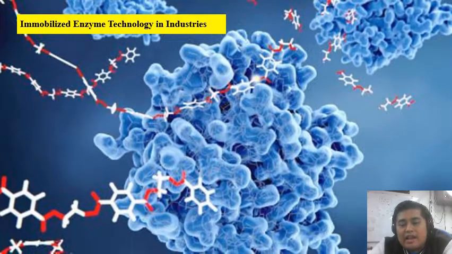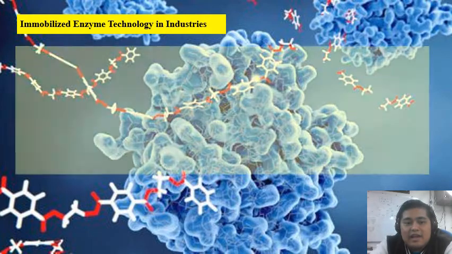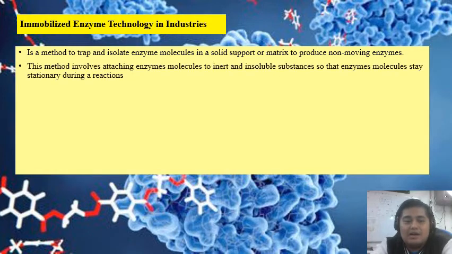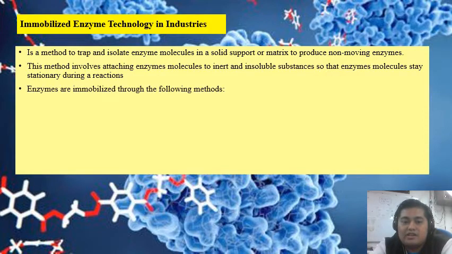Okay, next. Dalam ni kita ada satu bidang baru dalam industri, which is immobilized enzyme technology, di mana kita menghentikan pergerakan enzim tu. So it's a method to trap or isolate enzyme molecules in a solid support or matrix to produce non-moving enzyme. Kita buat dia jadi tidak bergerak. Kenapa? So this method involves attaching enzyme molecules to inert and insoluble substances so that the enzyme molecules stay stationary during the reaction.